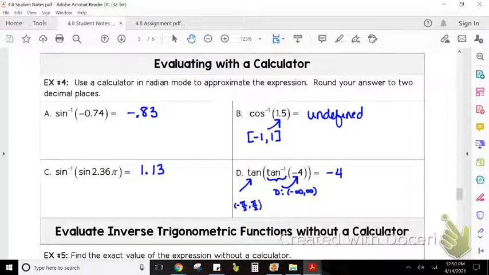This one doesn't matter because the inverse is not on the outside. But look at C. C has the inverse sine on the outside, doesn't it? So that means the answer that I get has to be in the range of inverse sine, which is negative pi over 2 to positive pi over 2.